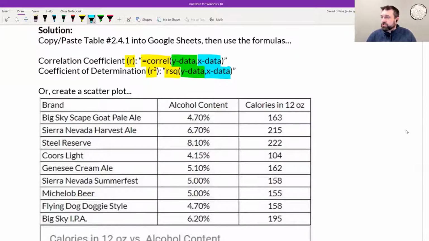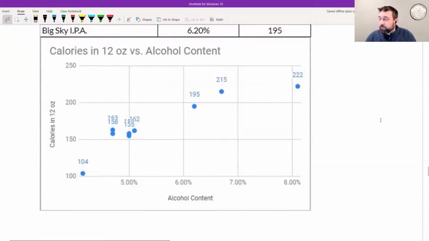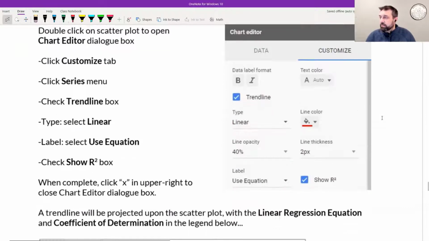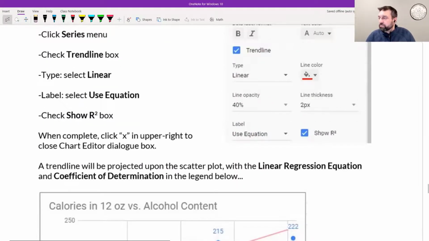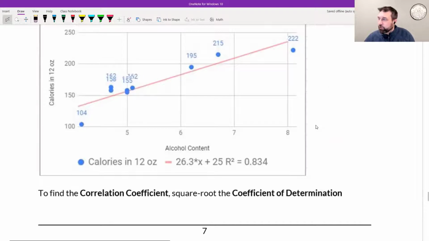Here's the information from our beer data. Here's the scatter plot from our beer data. Here is where you go into Google Sheets, go to the chart editor customize tab, and check the box that says show R squared. What that will do is, next to your y equals mx plus b formula, it will calculate R squared and put that value right in there.